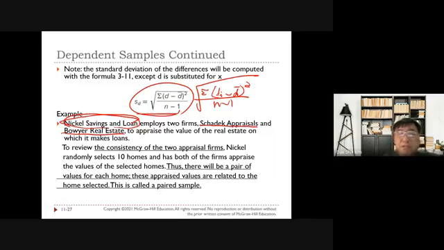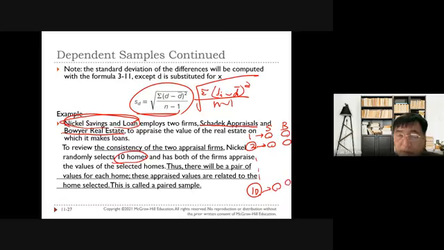And then 10 homes. So home 1, home 2. Here, Shedek Appraisal and Boyer will give different numbers for home 2, up to 10 homes.